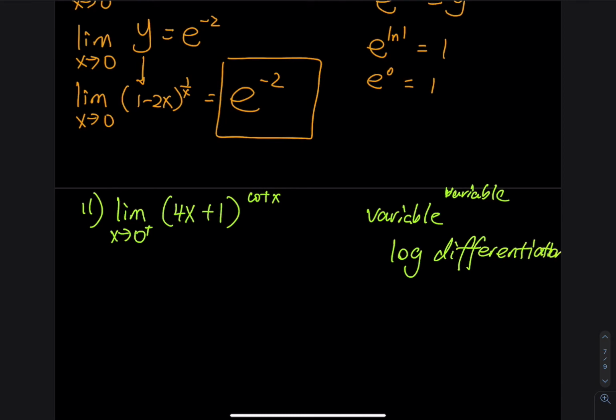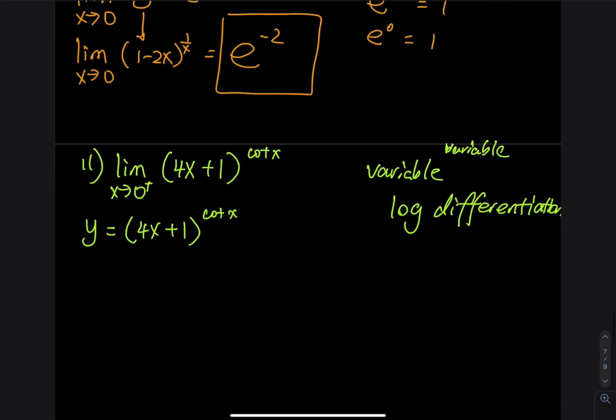Okay, let's go ahead and do logarithmic differentiation. So first, we have y equals (4x plus 1) raised to cotangent x, and then ln both sides.